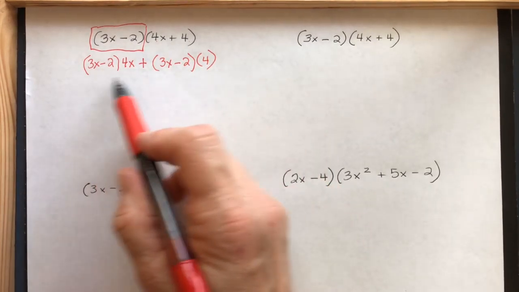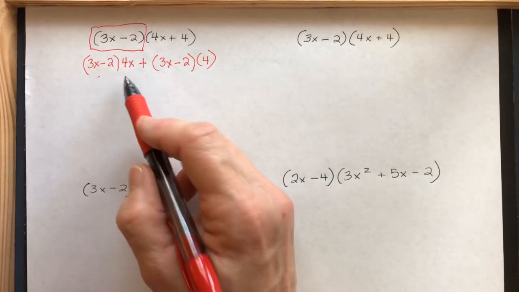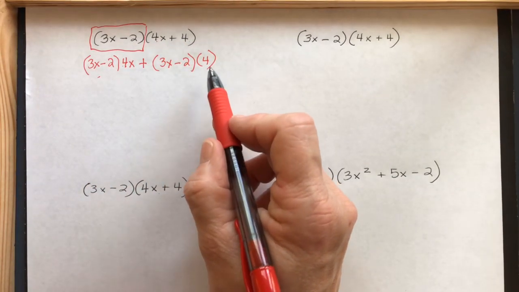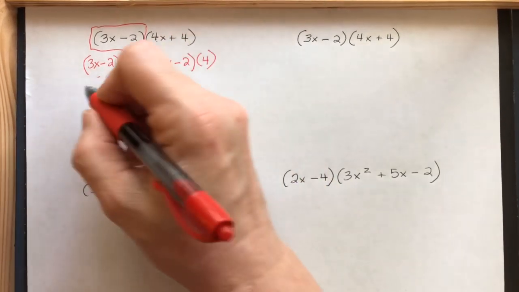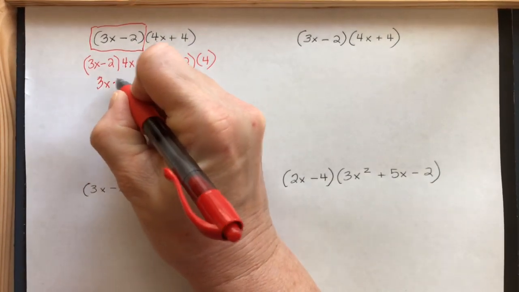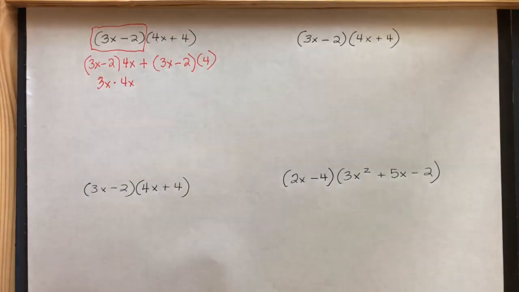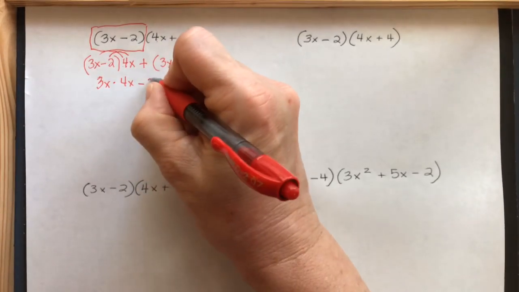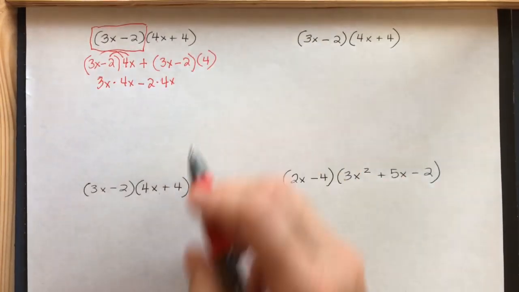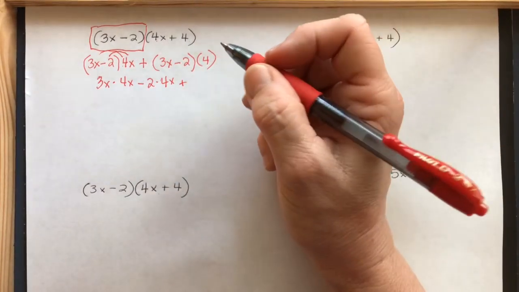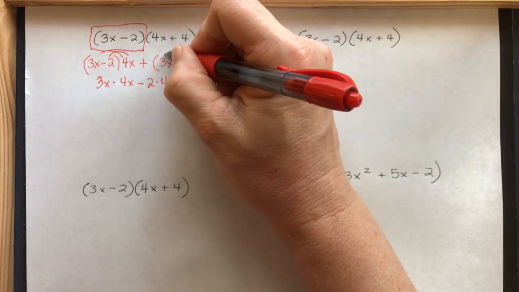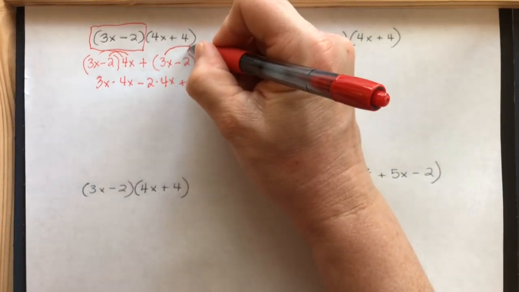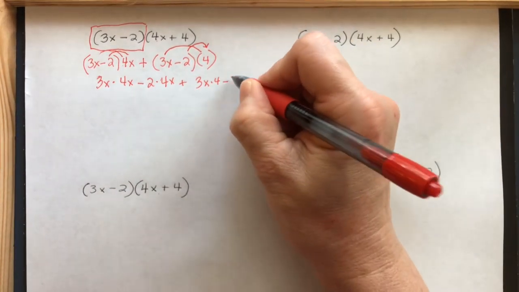Now, if we use the distributive property again here, we're going to multiply these two terms, and you may need to write out this next step, but if you can see it without doing that, it's okay. 3x times 4x, minus, because I multiplied these two, minus 2 times 4x, plus 3x times 4, minus 2 times 4.